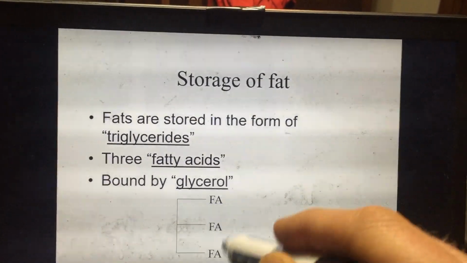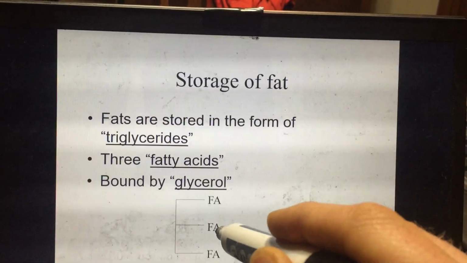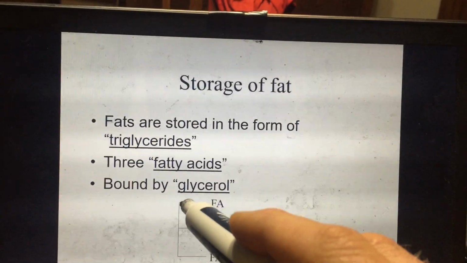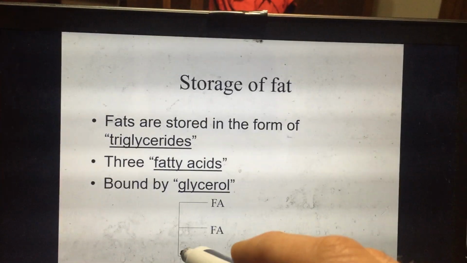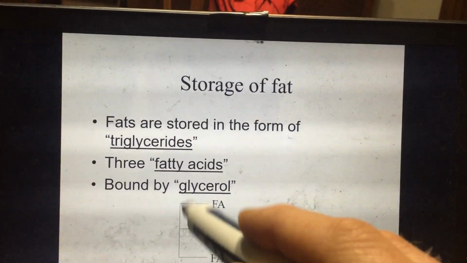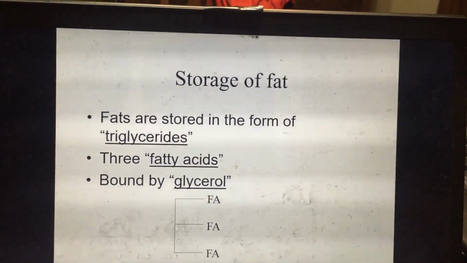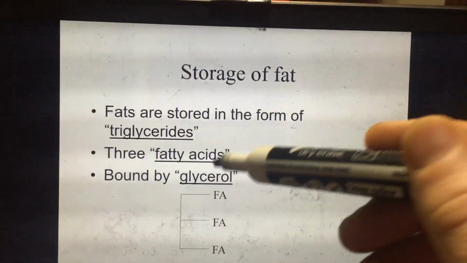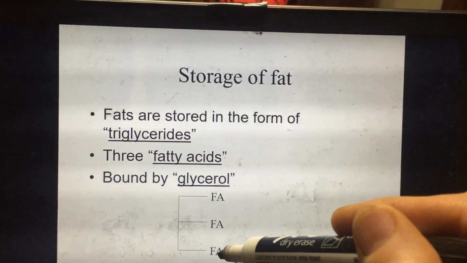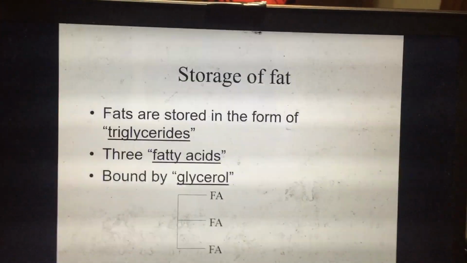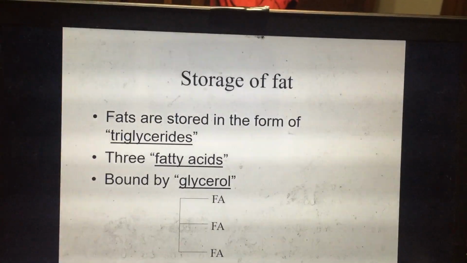You've got the 3 fatty acids just represented by FA, and they're all bound together in this 3 carbon backbone. So each of these points here would represent 1 carbon in your glycerol molecule. So when you break down triglycerides, you're going to be breaking off these fatty acids, and you're going to end up having fatty acids and glycerol that appear in your blood from your adipose tissue.